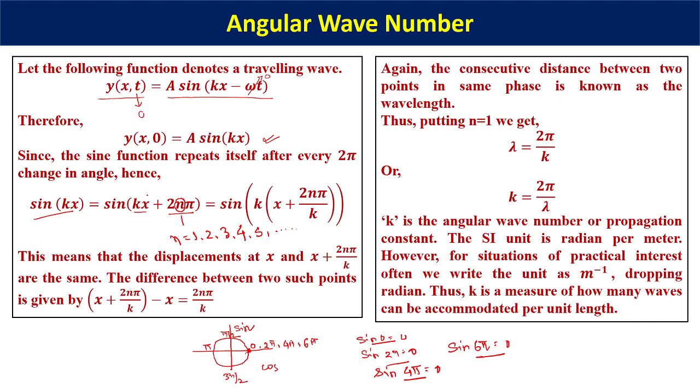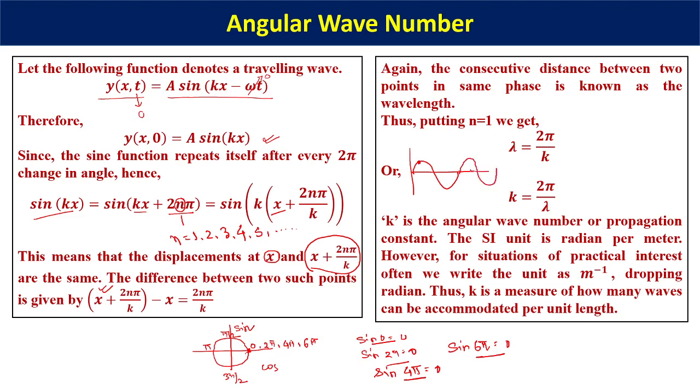These are equivalent statements. From this, if I take k common, I remain with sine of k whole into x plus twice n pi divided by k. This means that the displacement at any location x and at x plus twice n pi by k are the same. Because if this is the wave, it will not end here; the wave will repeat again.